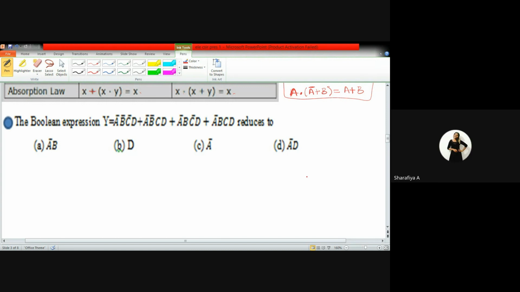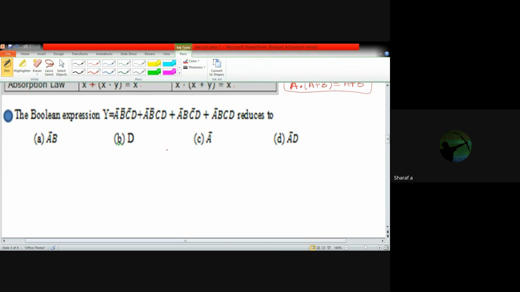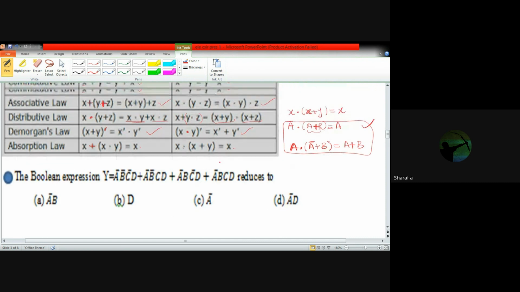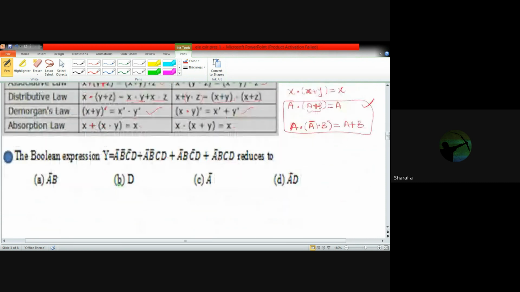Option D, sir. Option D. Okay, option D. Anyone else? Just use these theorems that we have here and solve this.